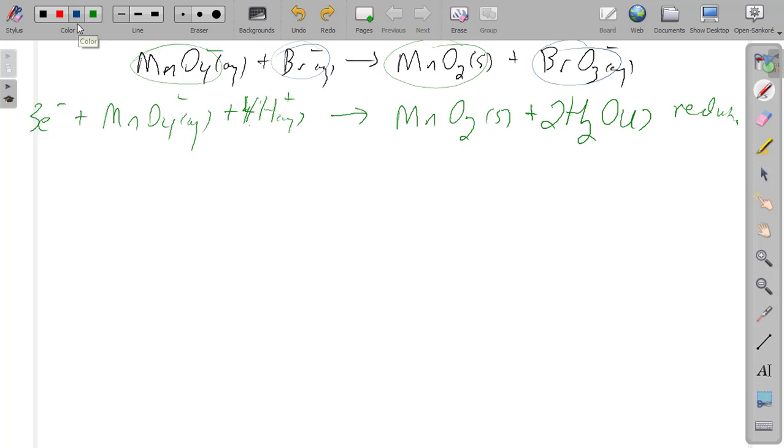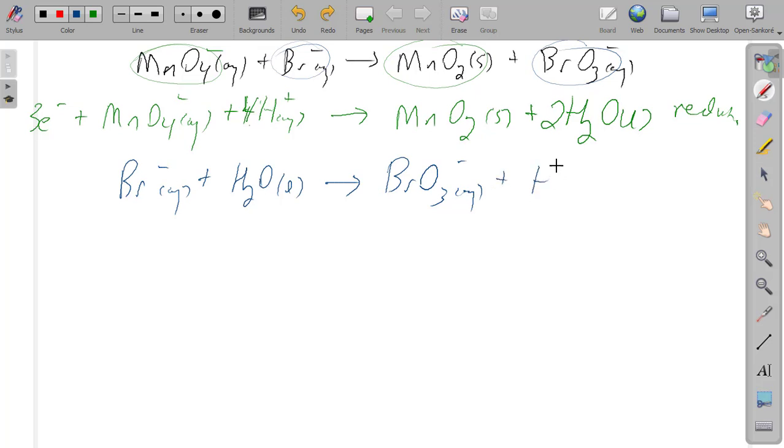All right, let's focus on the other equation, where we had bromide turning into bromate. Again, no oxygen here, but oxygen here, so we know we're going to have to add water to this side. And because now we've introduced hydrogens, we're going to have hydrogen ions on this side.